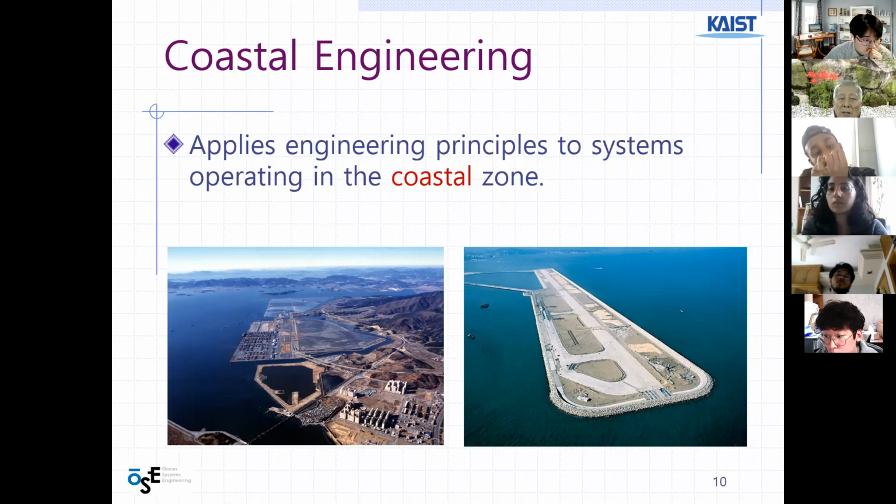Near that ship port, there is a small island called Gadokdo, and the government is trying to build a new airport in the Gadokdo area. And that Gadokdo island is small, so the runway should be extended outside of the island area. So we will see this.